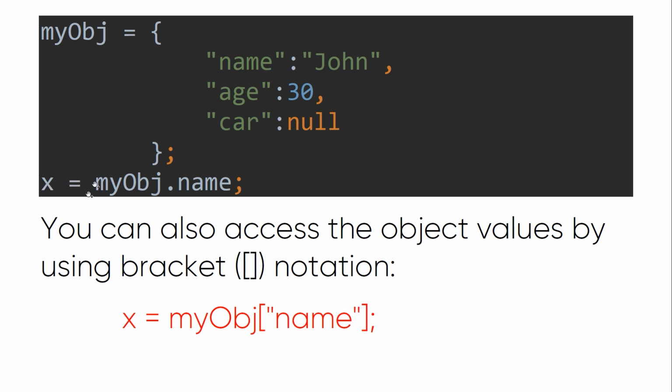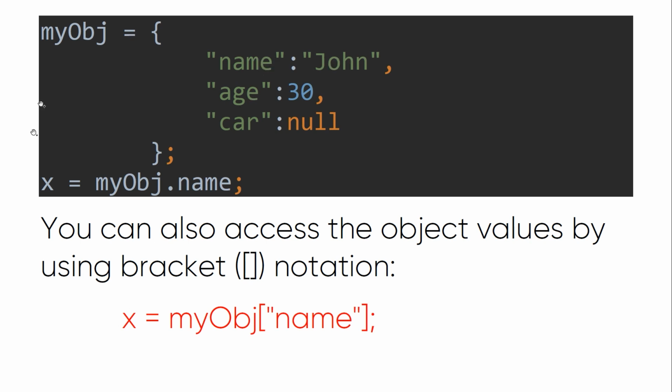But the first way, in order to access these properties, we could make x equal myObject.name. Whenever I type this, I'm telling the compiler, go and take from my JSON object the name property, and give me the value of the name.